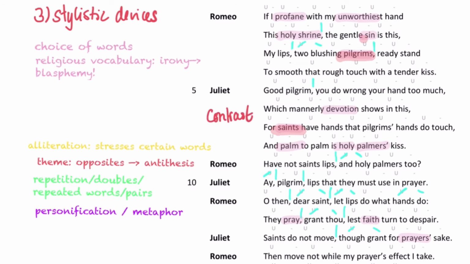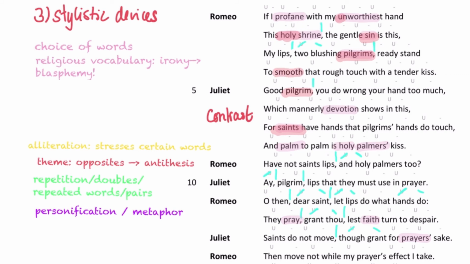Pilgrims usually go on pilgrimage because they want to be forgiven for some sin, or they are looking for something. Both fit Romeo's character, and he describes himself as a pilgrim. Juliet picks that up, and he describes Juliet as holy as opposed to sin, or unworthy, and holy could also be opposites.